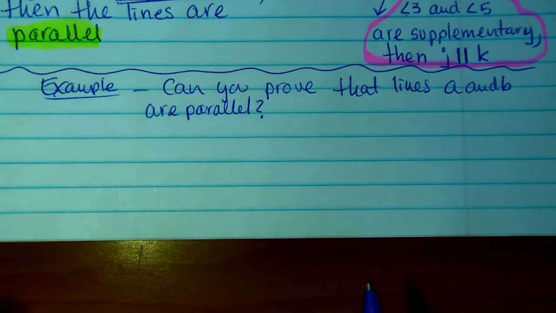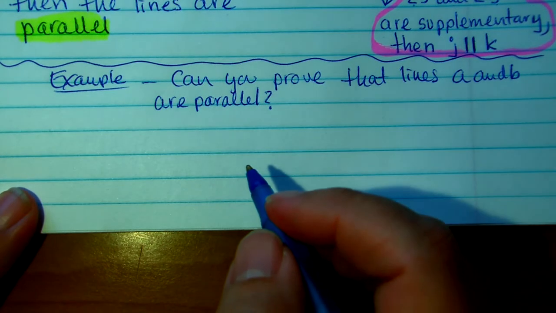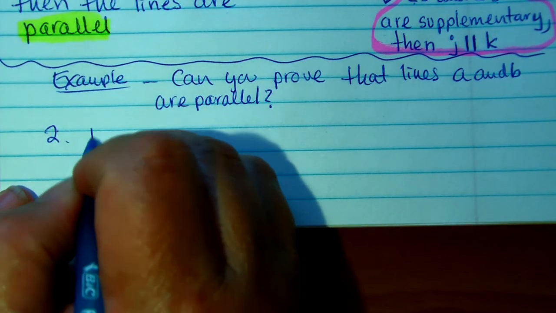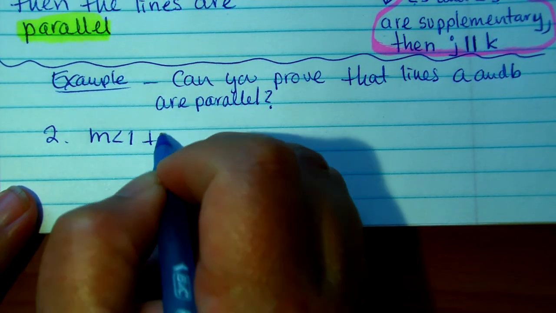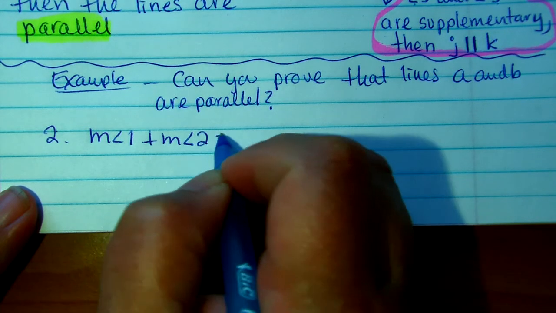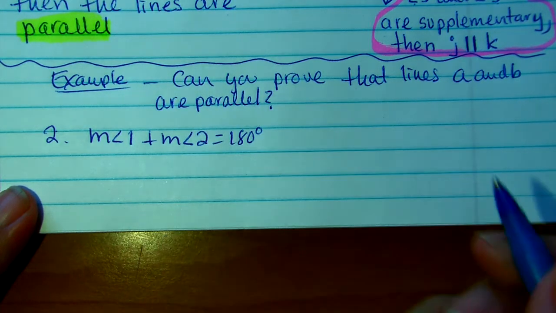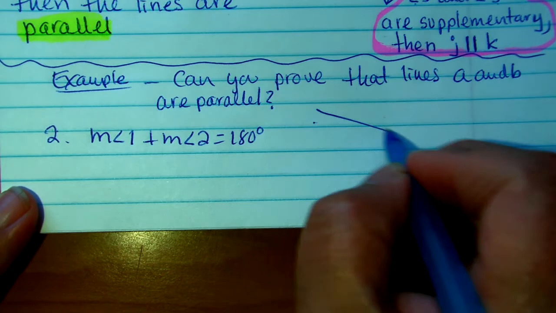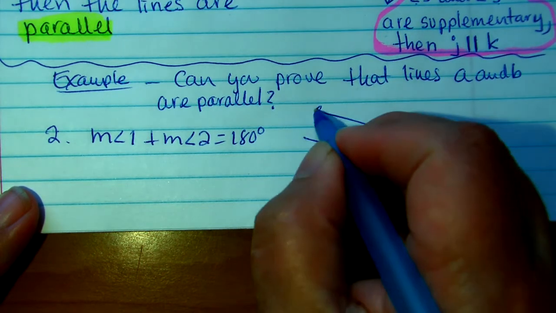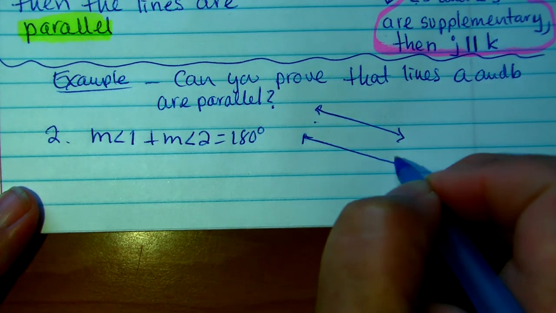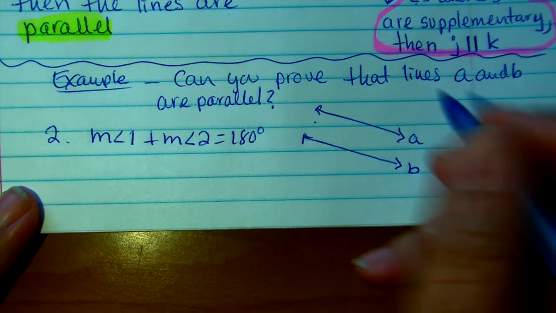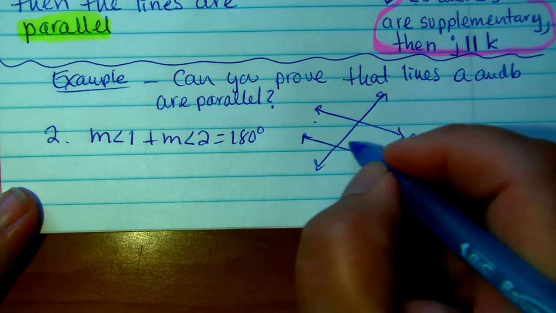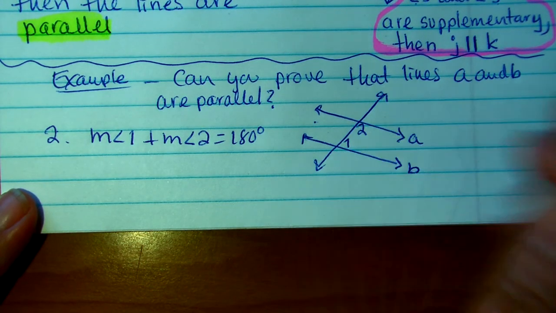Okay. And they're saying over here that the measure of angle 1 plus the measure of angle 2 is 180 degrees. And this is the diagram. We have two lines, A and B. Here's the transversal. We have angle 1 and angle 2.